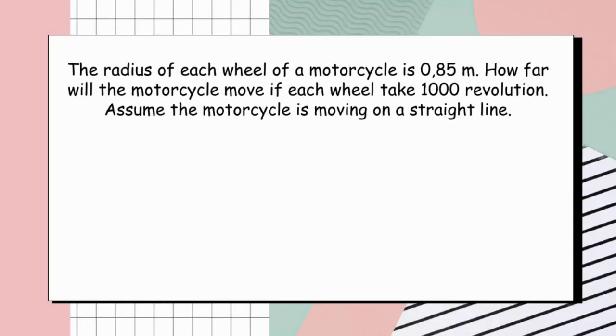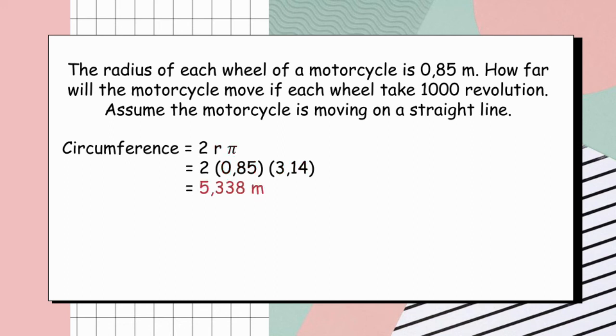The radius of each wheel of a motorcycle is 0.85 meters. How far will the motorcycle move if each wheel takes 1,000 revolutions? Assume the motorcycle is moving on a straight line. First, find the circumference of the wheel. Circumference equals 2 times r times pi, 2 times 0.85 times 3.14, or 5.338.